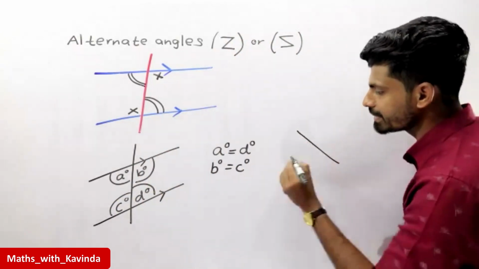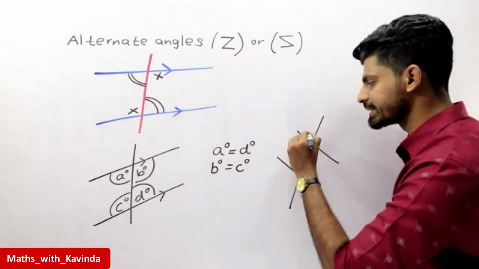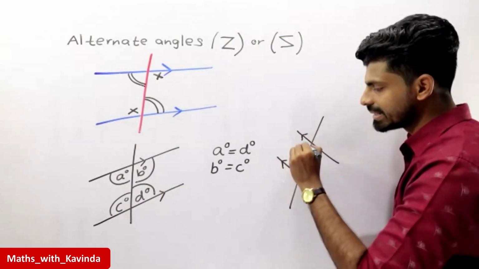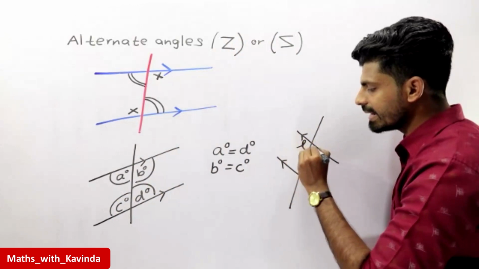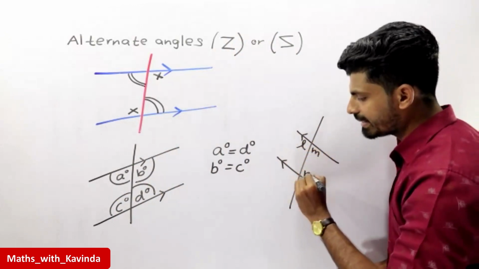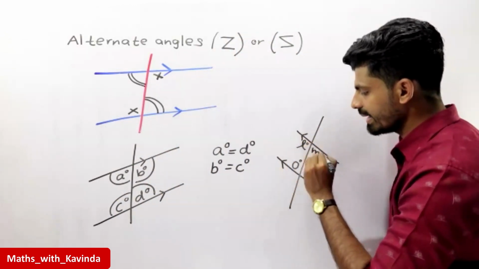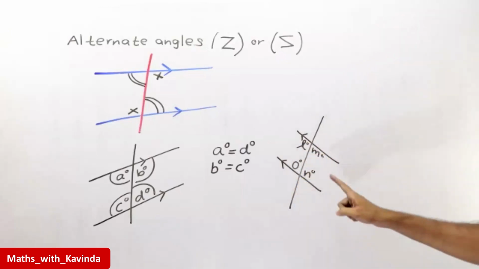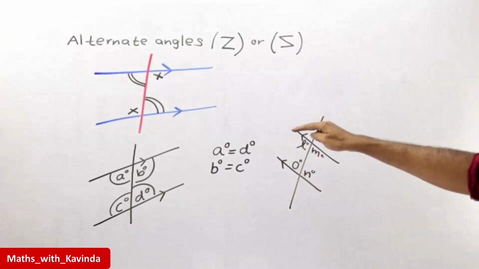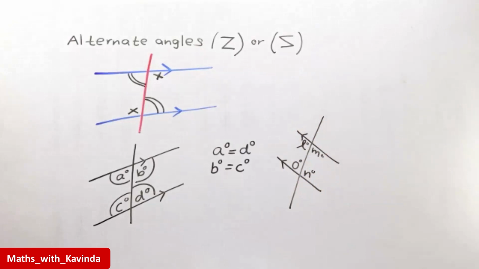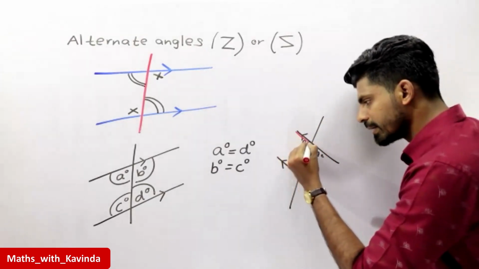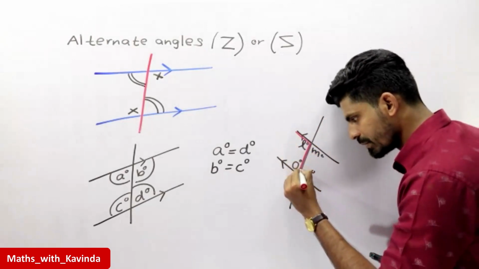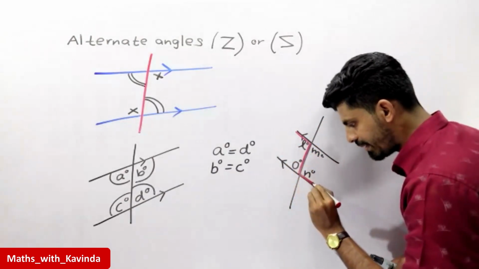Let's take the second example. I'm taking L, M, N, O. Look at the Z angle. This is the Z mark, 1, 2, and 3.